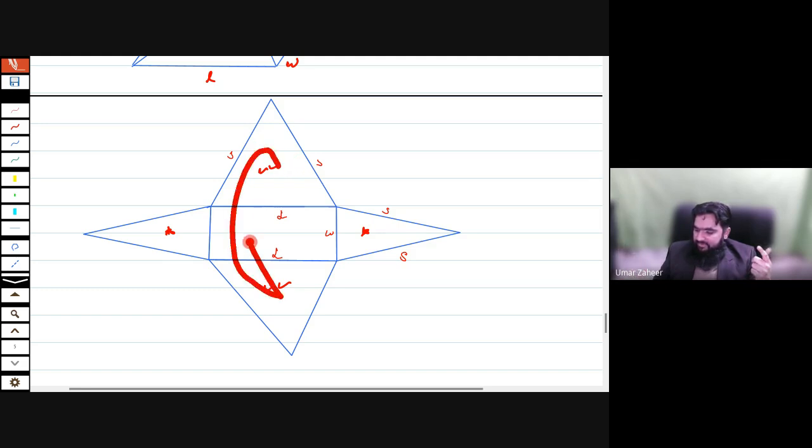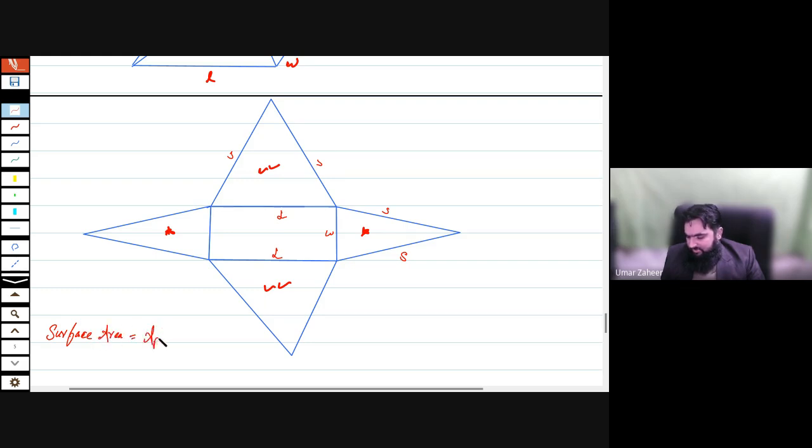So these two triangles are exactly the same, and these two triangles are exactly the same. If you have to find the surface area, that will be equal to the area of the rectangle plus 2 times the area of triangle 1 plus 2 times the area of triangle 2. Let's say it is T1, T1, and T2, T2. They are exactly the same, so that's why I'm giving the same name.